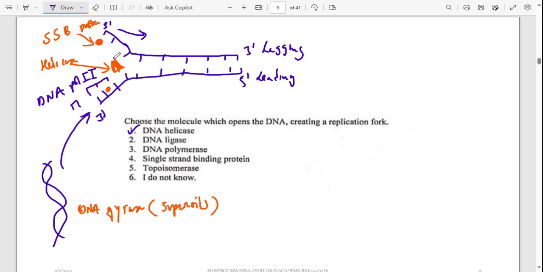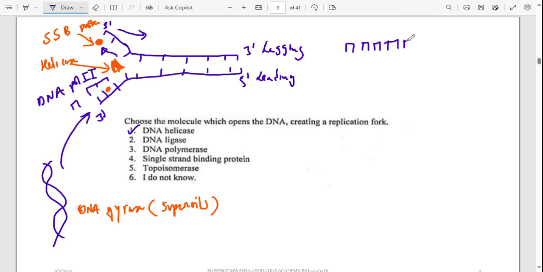because for this one you are going to have the polymerase working in the opposite direction, since it can't read from 5 prime to 3 prime. It will be working forward and back. But for the lagging strand, the primase is going to lay down a lot of primers.